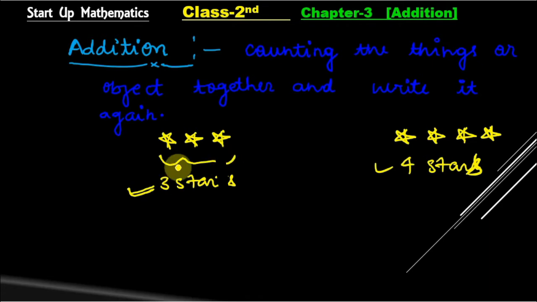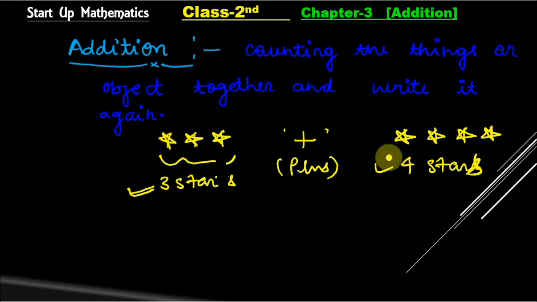If we say add 3 stars and 4 stars, then we use a sign which is called the plus sign. This is plus. The sign plus means we are going to add 2 or more numbers.